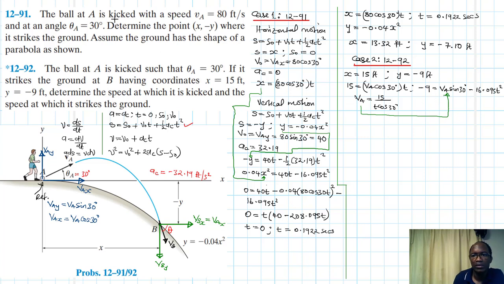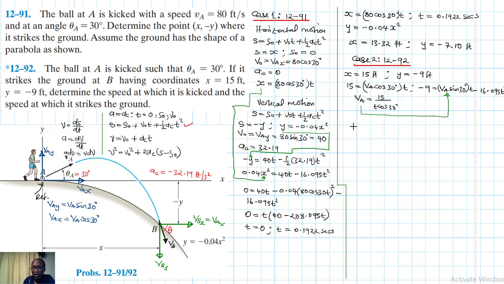Once we replace VA there, we're going to have minus 9 equal to 15 t cos 30 by sine 30 by t cos 30, minus 16.095 t squared, and therefore our t, making t the subject of the formula.